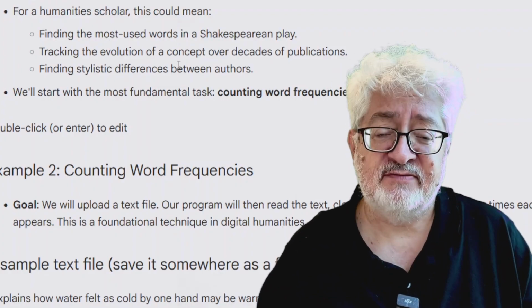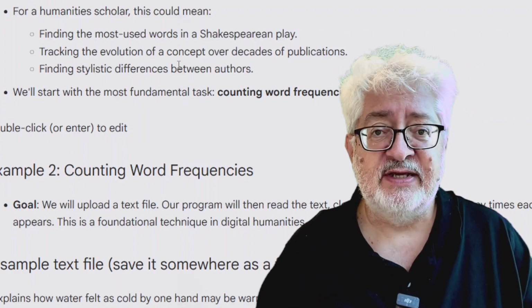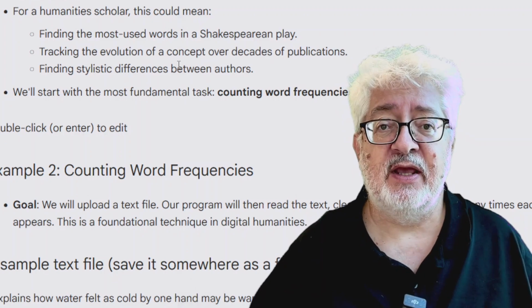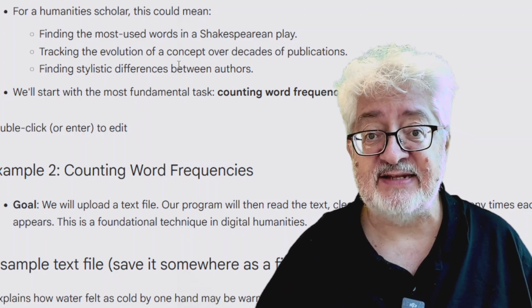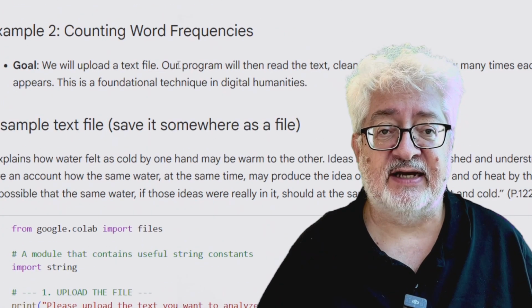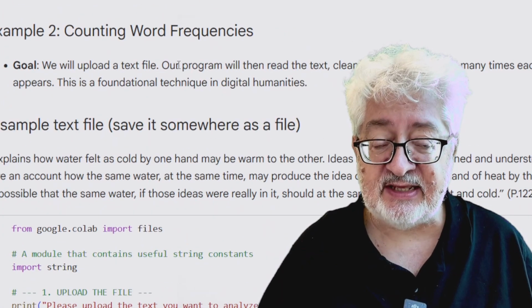So text mining, although it's a very simple thing, the way we do it can still be very useful. And you can track characters in a play, when they appear, when they disappear, how many lines they have. So all these are interesting applications.